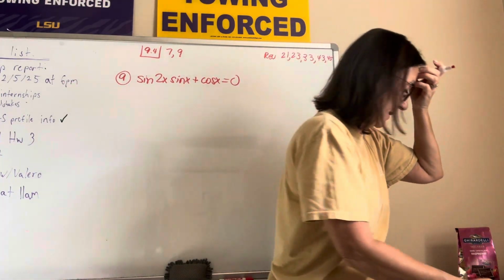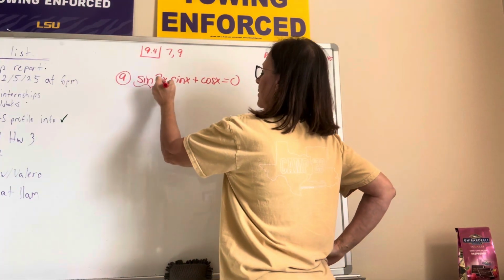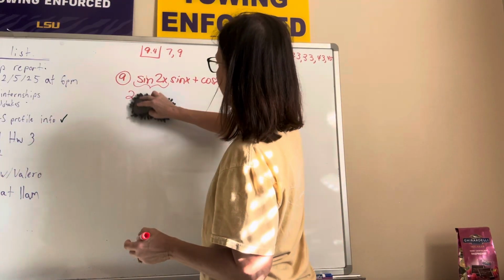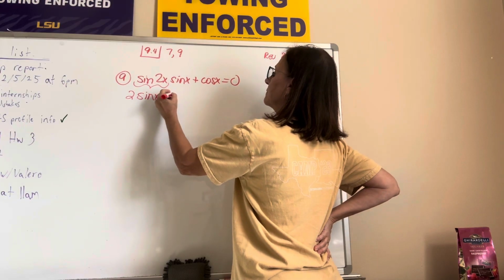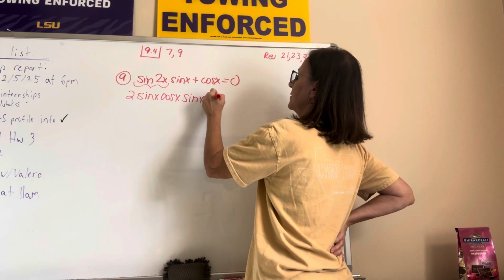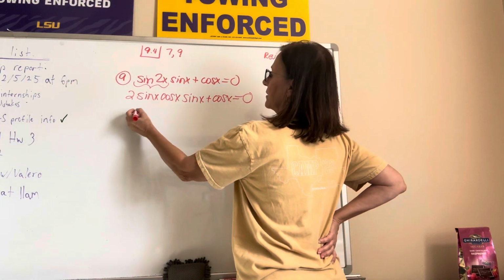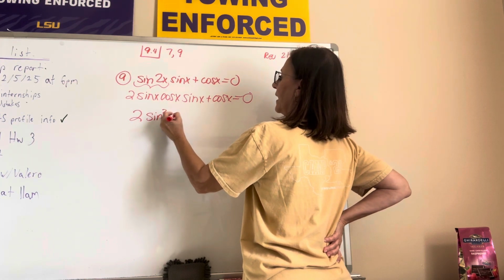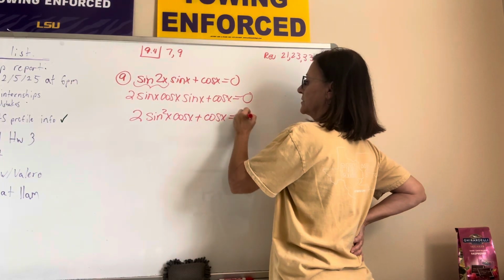I immediately know that I want to substitute in here. So for that, it's going to be 2 sine x cosine x times the sine x plus cosine x equals 0. All right, so this is 2 sine squared x cosine x plus cosine x equals 0.